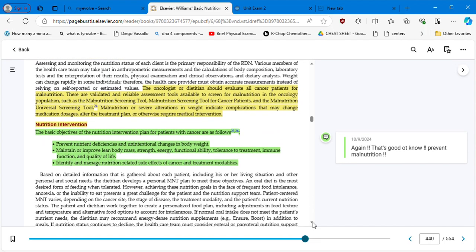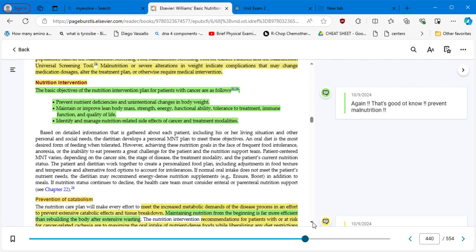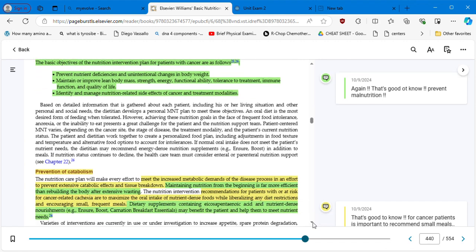So the intervention, basically the objectives, are to prevent nutrient deficiencies, to maintain or improve lean body mass, strength, energy, functional availability, and identify and manage nutrition-related side effects of cancer and treatment modalities.